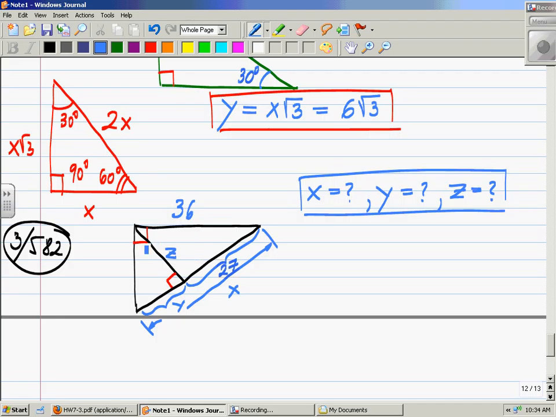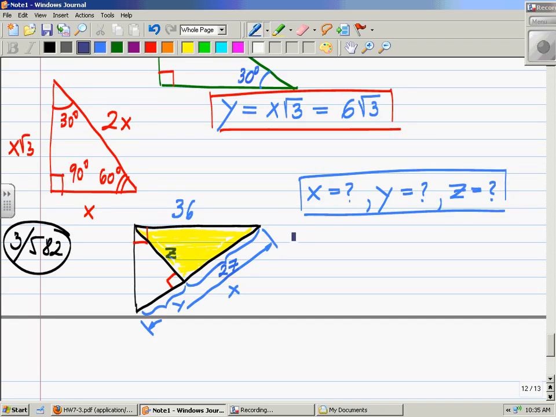As you can see in this small triangle, let's make it yellow. In this yellow triangle, I know two sides, and I have to find one. I know the hypotenuse, I know one of the legs, and I have to find the other leg.